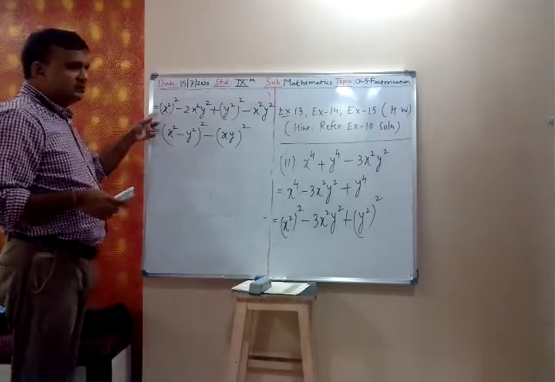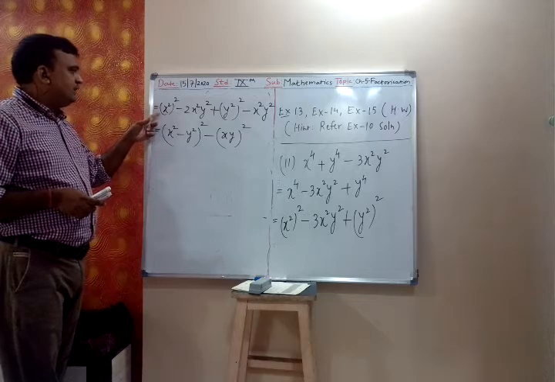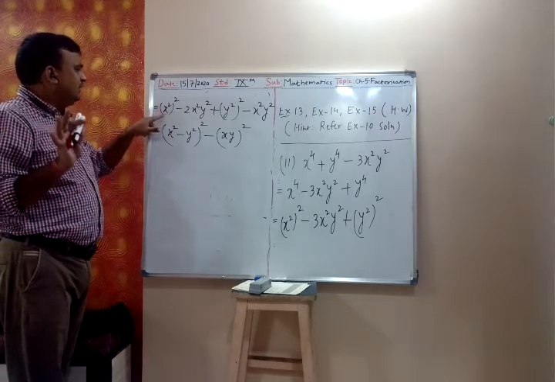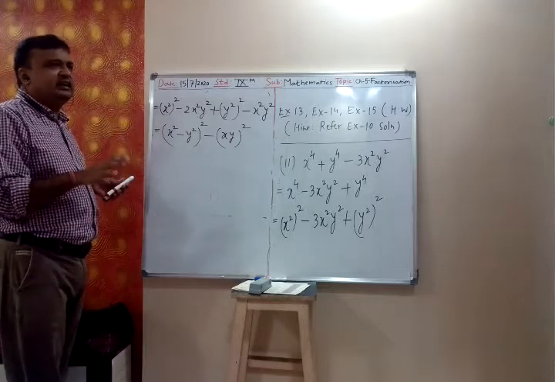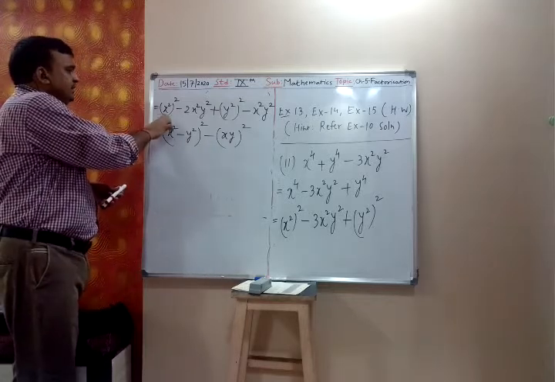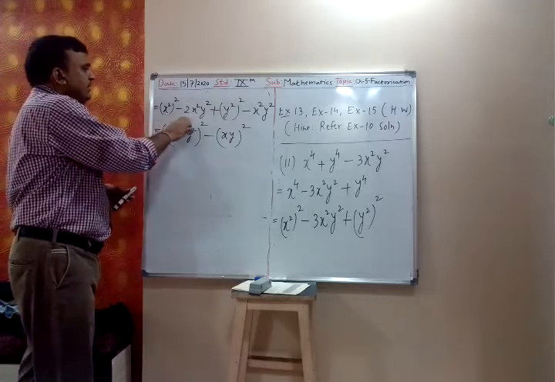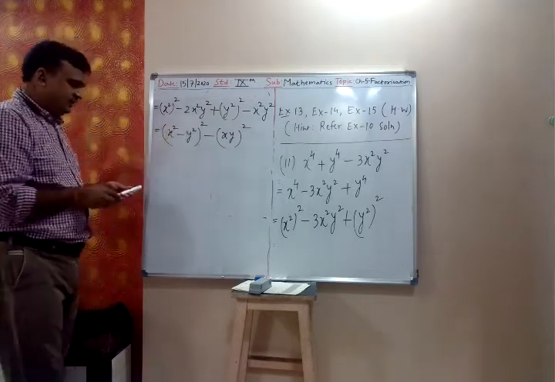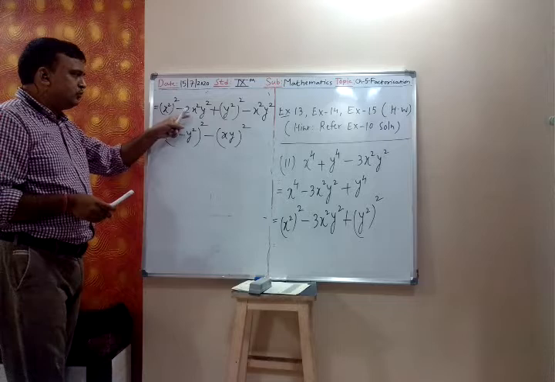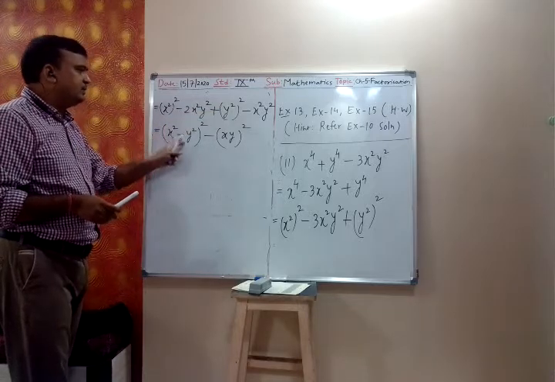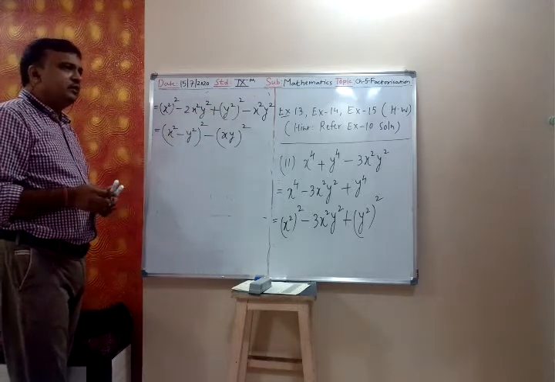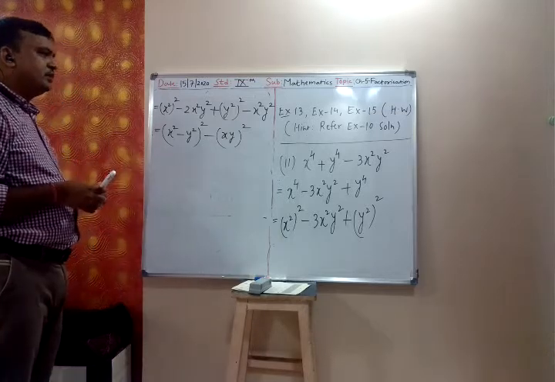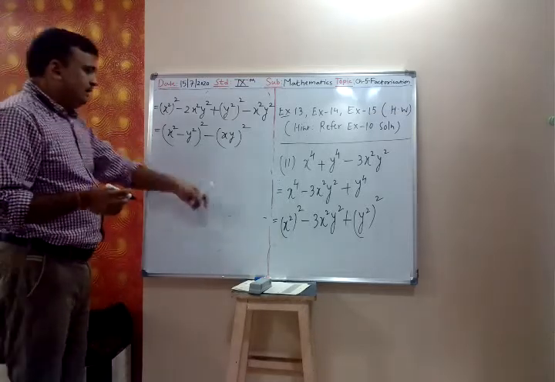Now the first 3 terms, a square minus 2ab plus b square, I can write as a minus b whole square. So a minus b whole square minus xy whole square.